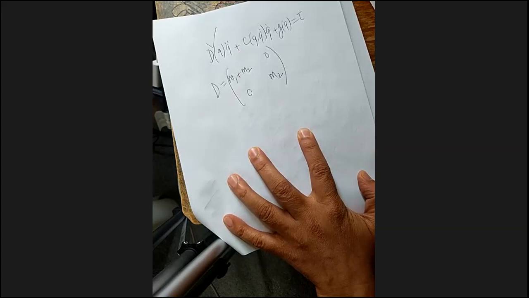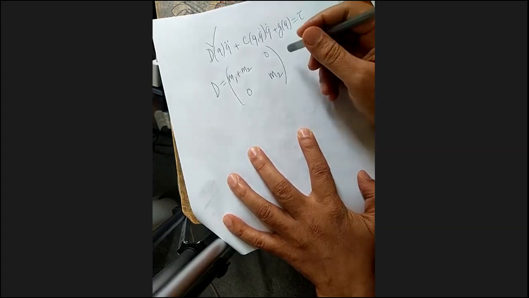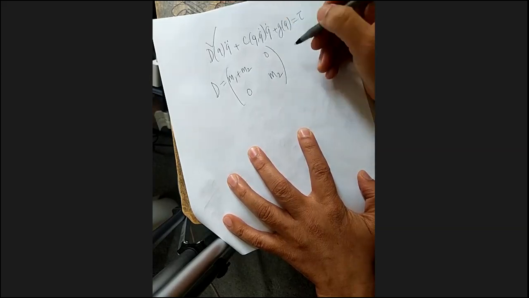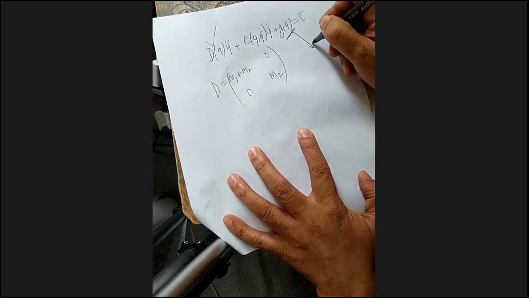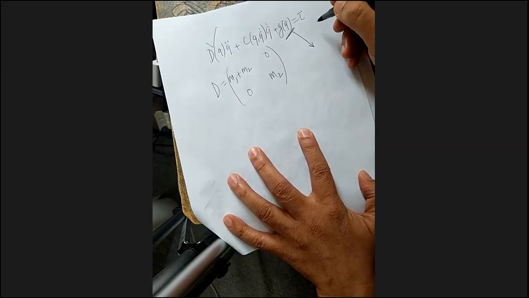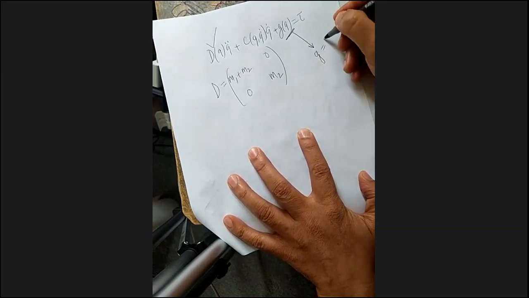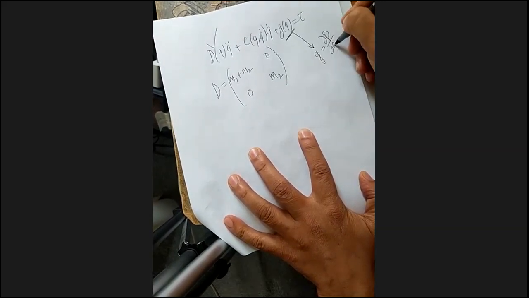Now similarly, what is your G? How do you find the G? Do you remember? G equals dP over dq.